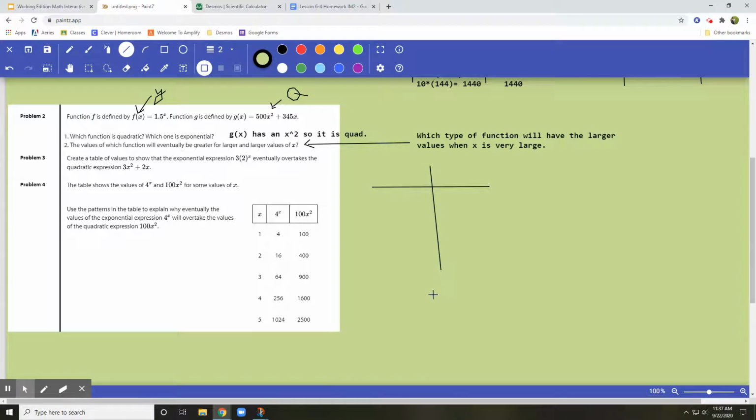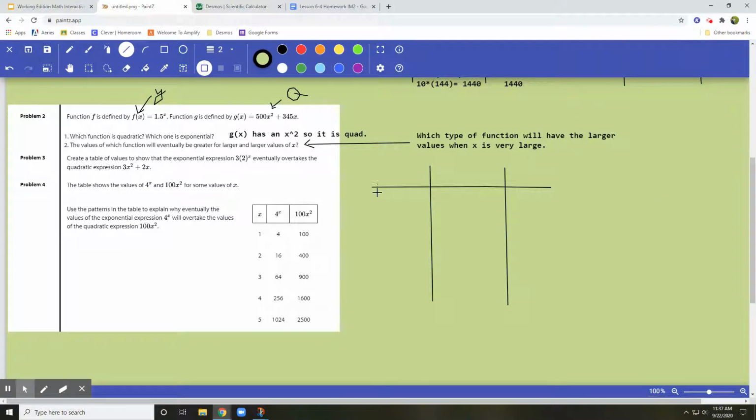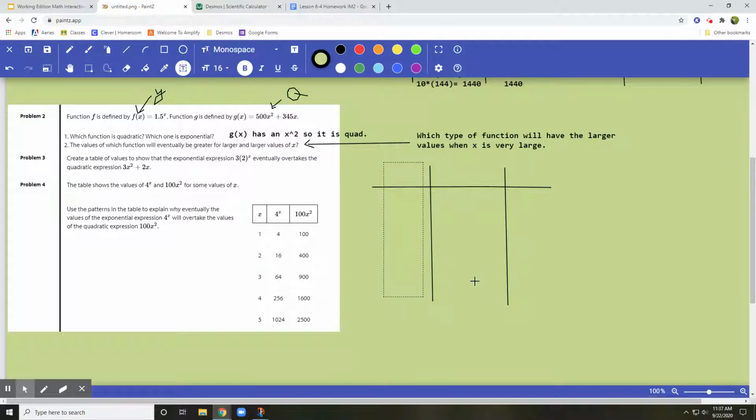Let's do a table of values, but let's go ahead and make our table of values sort of jump up ahead a little bit. I have about 10 more minutes. So what I'm going to suggest you do is that when we put in our x values, we go ahead and choose values that will show that it will overtake it.